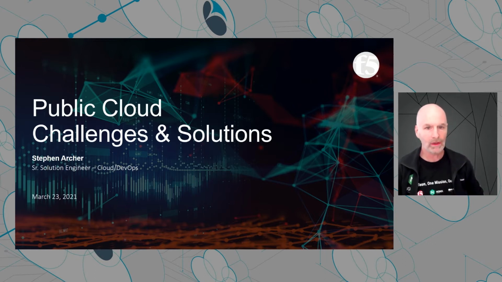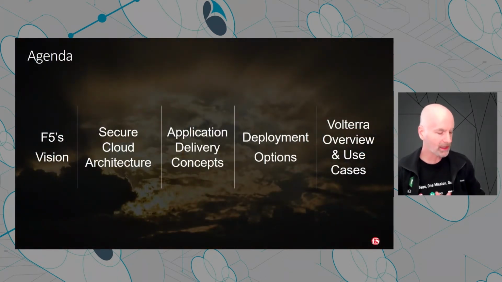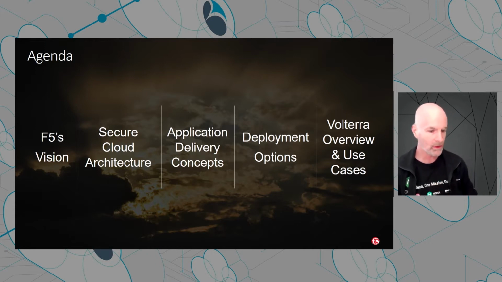So anyway, today we're going to be talking about a number of subjects. First, we're going to cover F5's vision. So where F5 are really going, where are we heading? We're going to talk then about how you can try to adopt a secure cloud architecture. We're then going to move on to talk about some fundamentals of application delivery, just explaining actually what application delivery is and what functions it comprises.